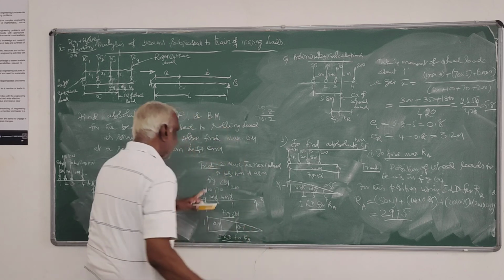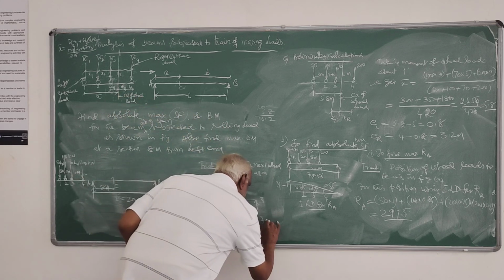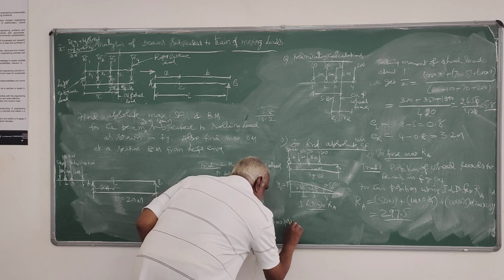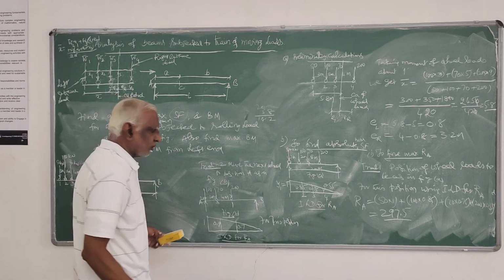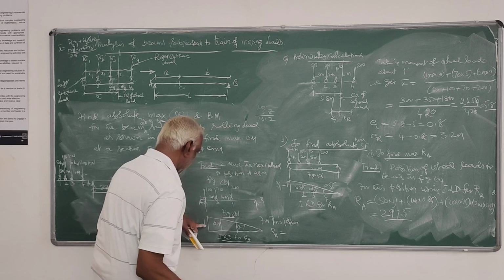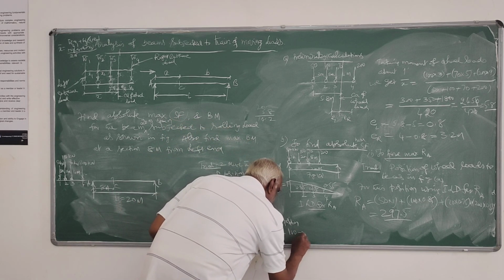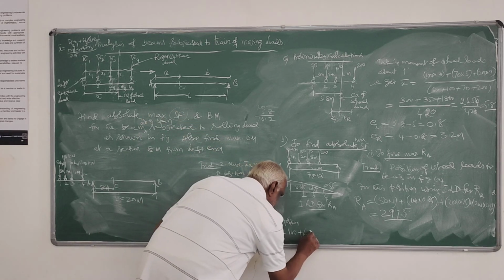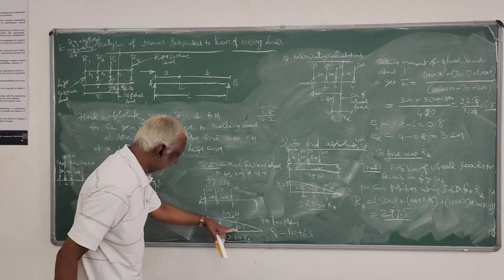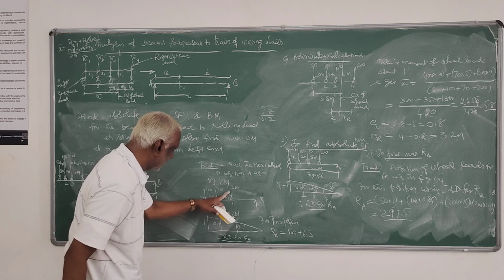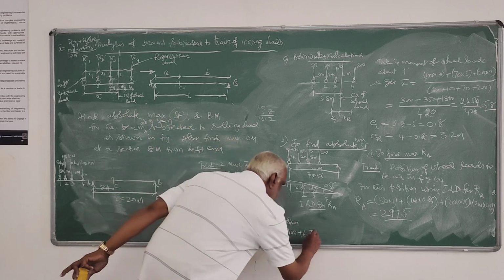So for this trial 2, for this position RA is 100 into 1 plus 70 into 0.9, that is 63, plus 200 into 0.7, 140.